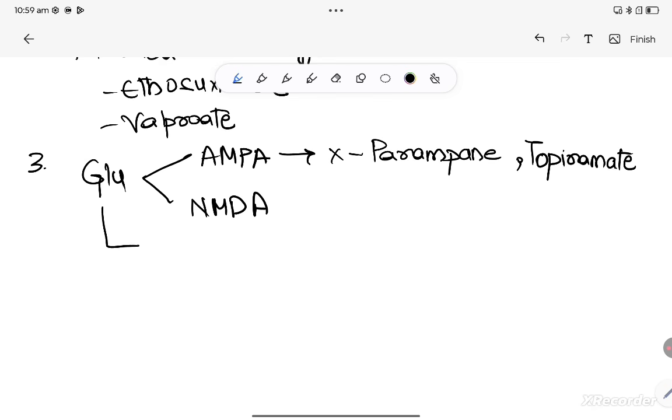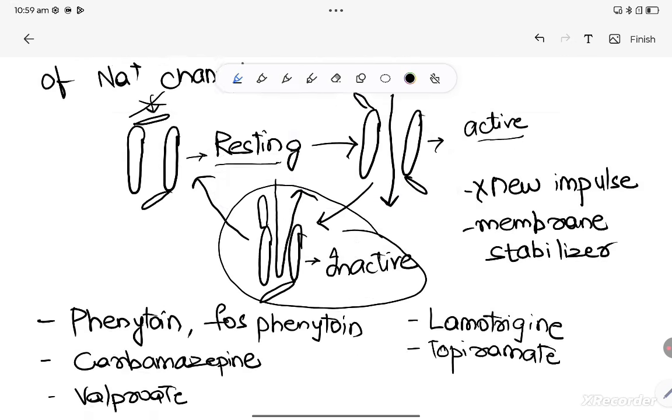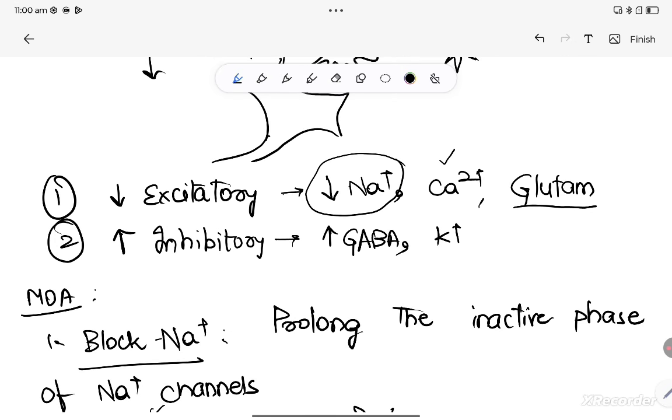There are certain drugs which primarily inhibit glutamate release, mainly by acting through SV2A, which is a synaptic vesicular protein whose activation is mainly through calcium. This will be blocked, and the drug which is responsible for this is levetiracetam. Now, all our excitatory drugs are finished.